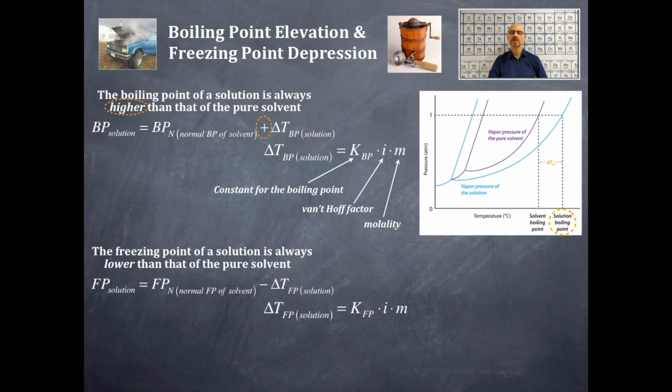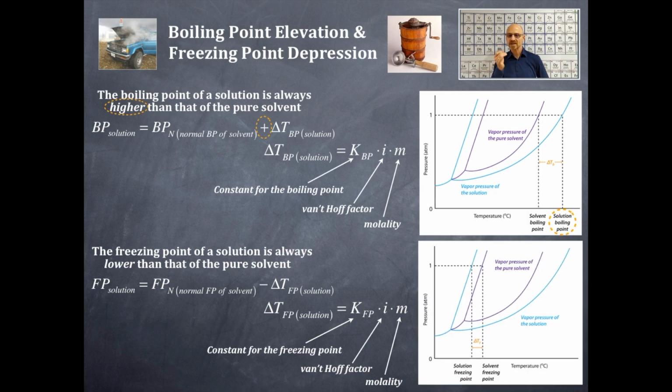The change in temperature of the freezing point of the solution, the delta T FP of the solution, is equal to K FP times i times m. And the K is the freezing point constant, the i is the Van't Hoff factor, the same i as in the boiling point, and the m is the molality, the same molality that we had before.